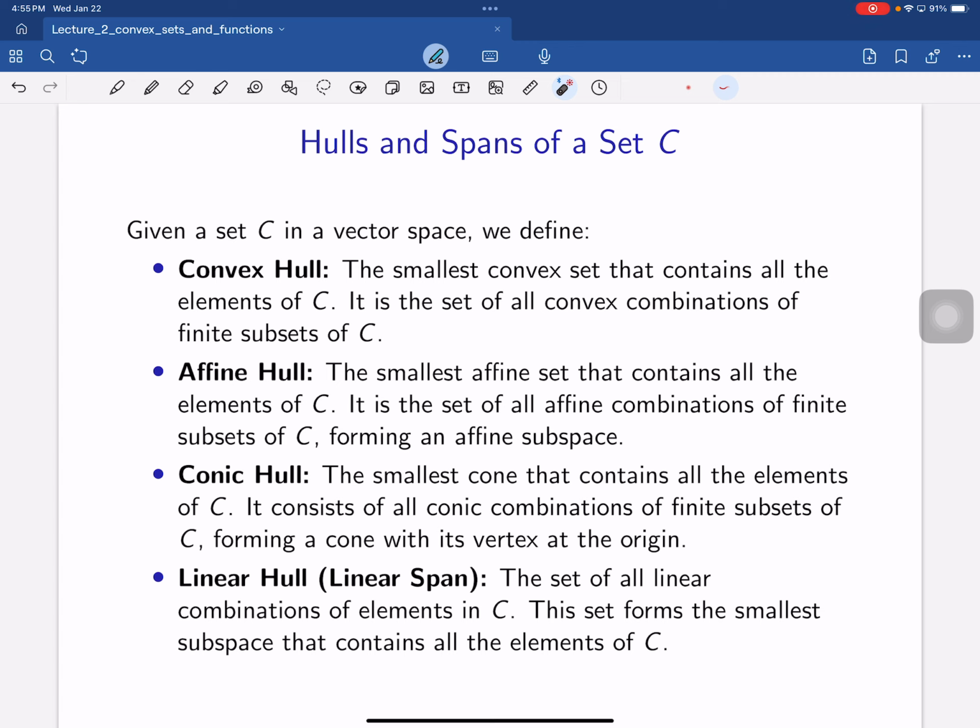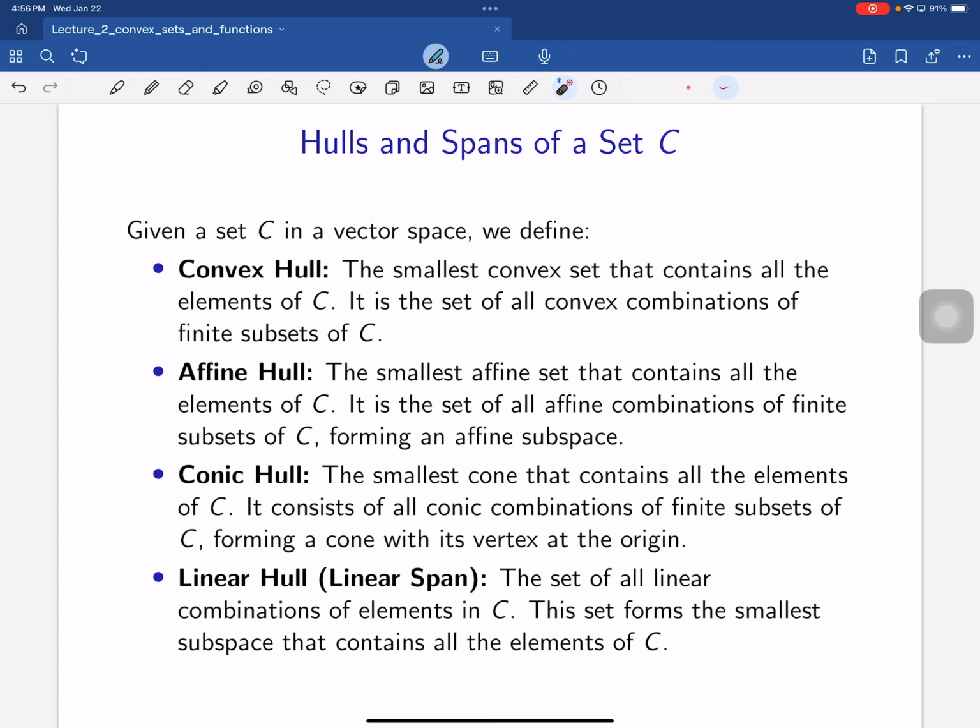The convex hull is the so-called smallest convex set that contains all the elements of C, right? So if you consider the smallest convex set that contains all the elements of C, you could just take all the possible convex combinations of elements in C. Because if it's a convex set, all the convex combinations of elements in C must be in that convex hull.